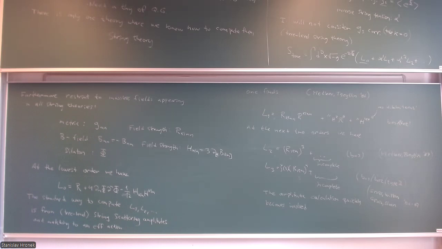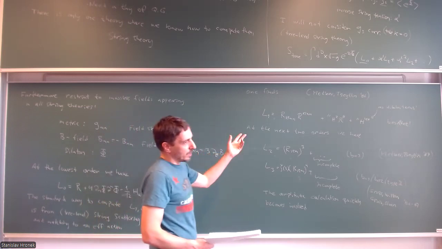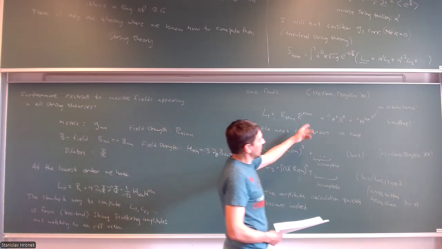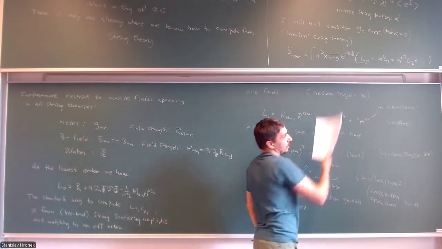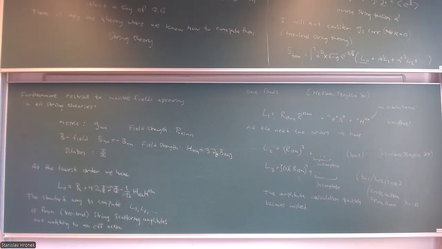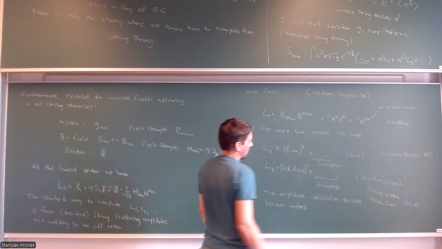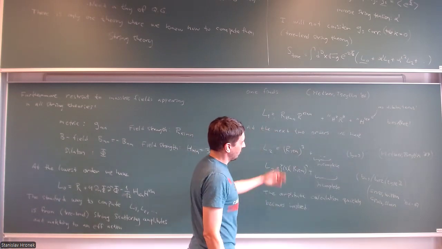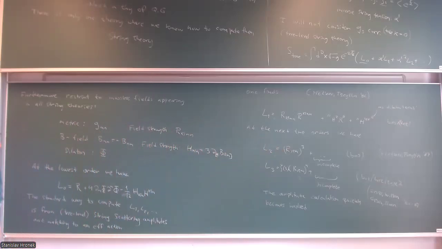Of course, there are many ways that you can manipulate the action. If I integrate some term by parts, I will generate terms with the derivatives of the dilaton because I have this factor minus 2 in front. So I'm writing the action in some particular way, because here there's not really anything I can do. I want to keep it T-duality invariant, but in other cases, I have terms with explicit derivatives that I could integrate by parts, producing other terms.